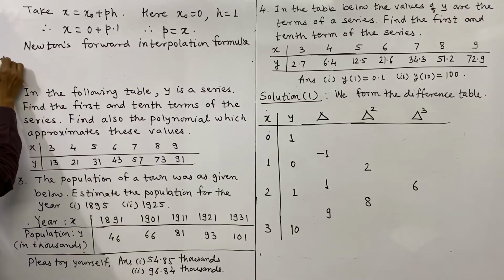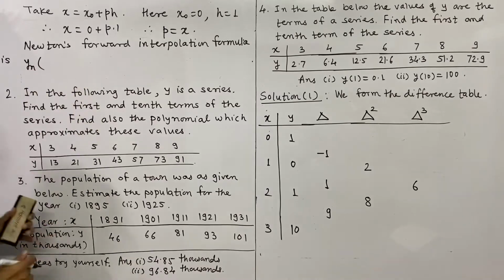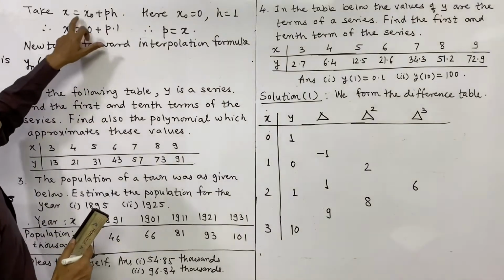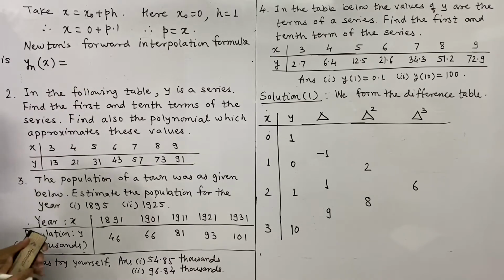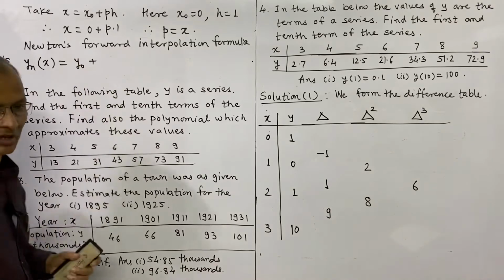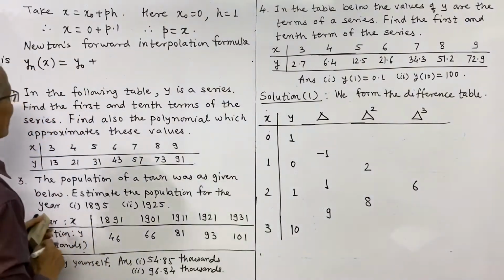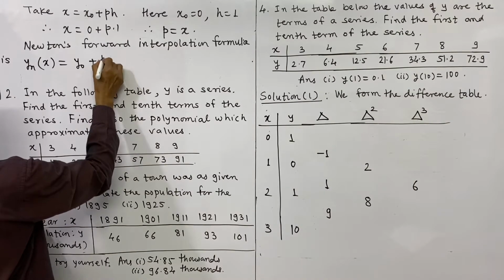That is, Newton's formula is y at x naught plus ph, which means y at x, and this is equal to, as we have written earlier, first y naught. So the formula must be remembered. The first term is y naught, and next is p into delta y naught.